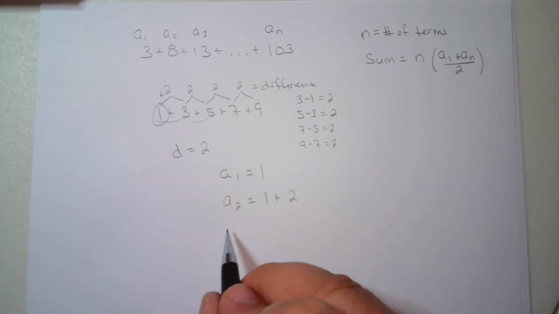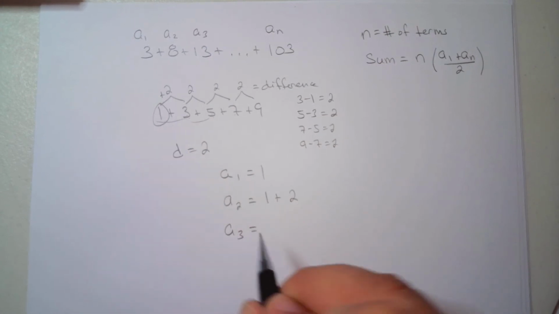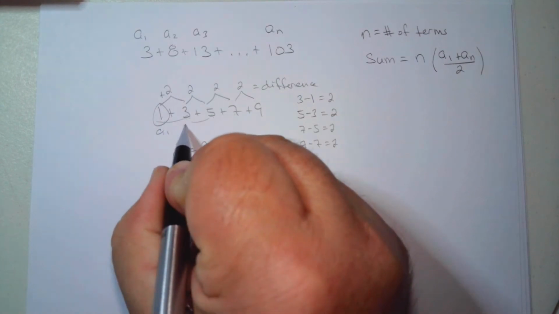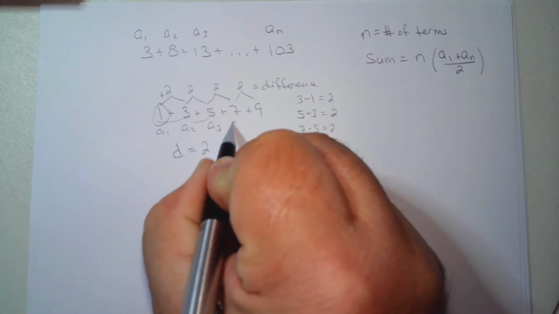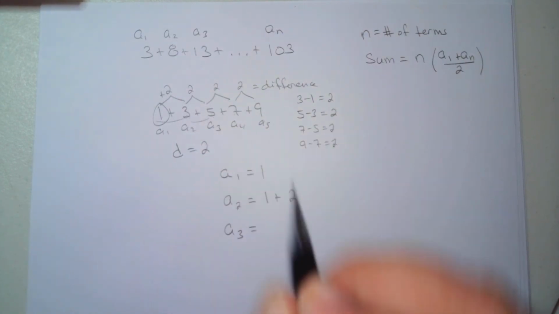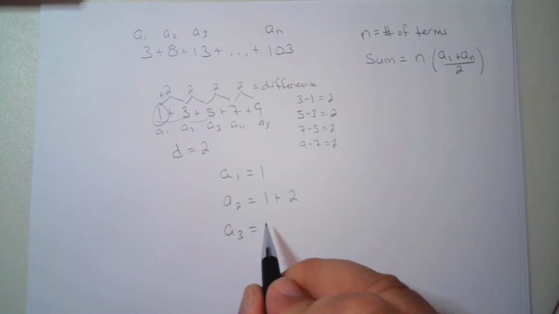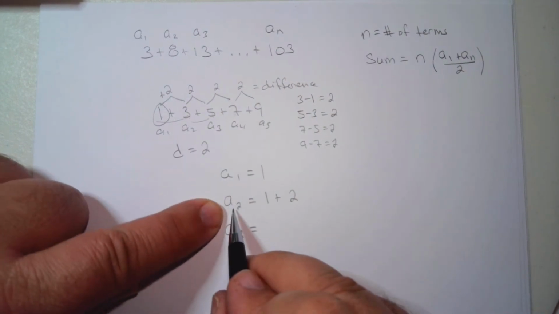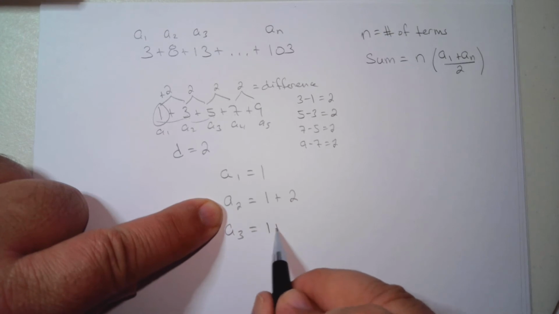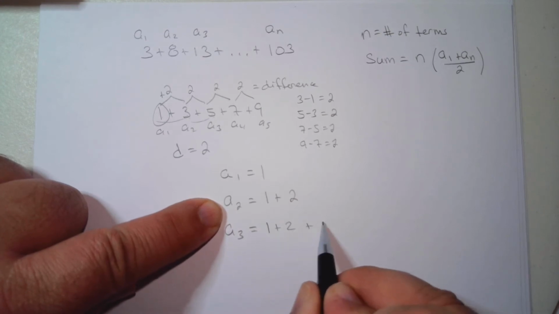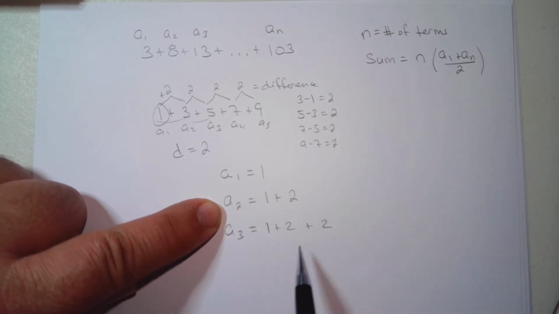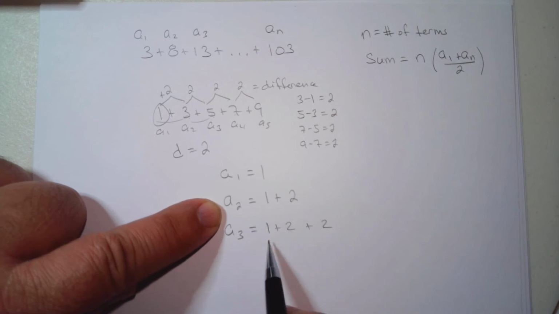That gets 3. How do we get to our third number? This is A1, A2, A3, A4, A5. So the third one, if we go from the second one, which is 1 plus 2, and add 2 more, it's 5.